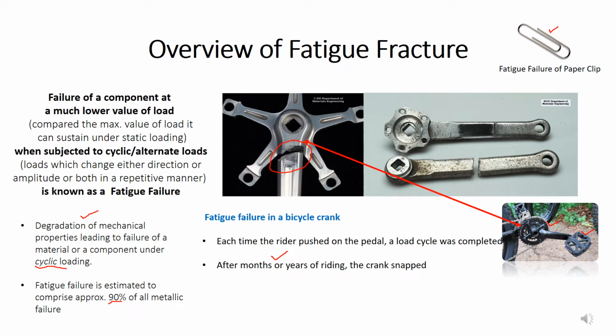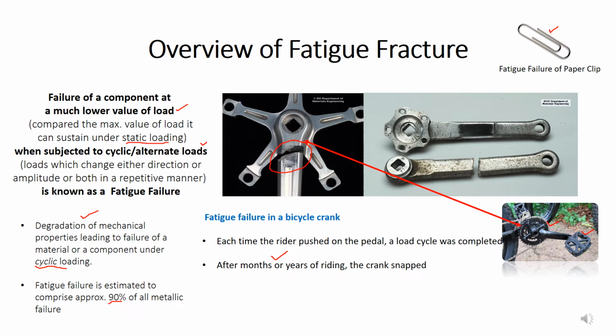If we have to define fatigue, we can define it as the failure of a component at a much lower value of load when it is subjected to cyclic or alternate loads. Here, the much lower value of load is compared with the maximum load which the part can sustain under static loading.